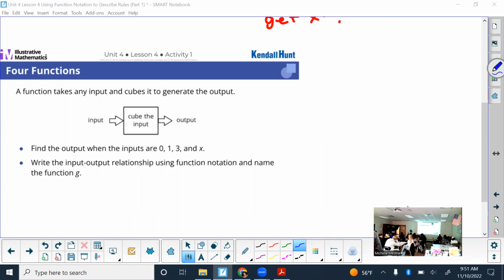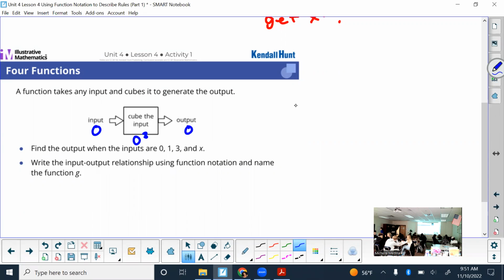All right, so what is the output when the input is 0? 0, good, because basically if you're picturing it as in this machine, input is 0, cube the input, 0 times 0 times 0 is 0. So good.